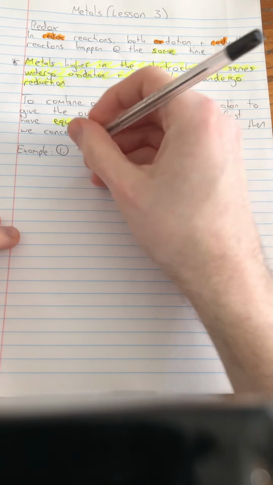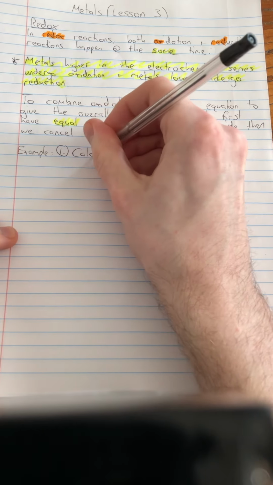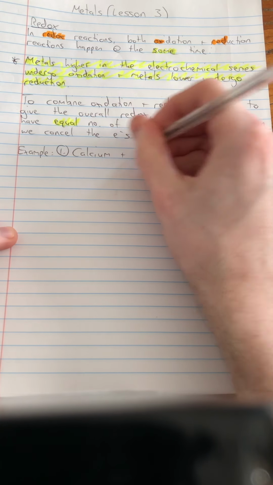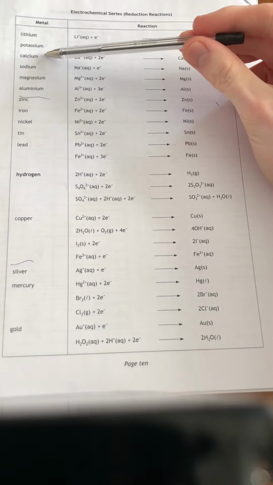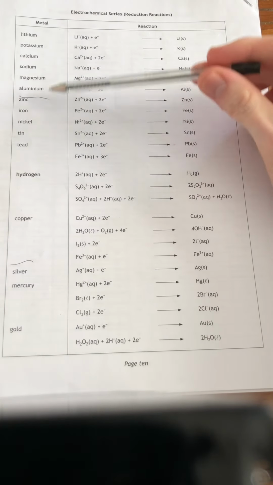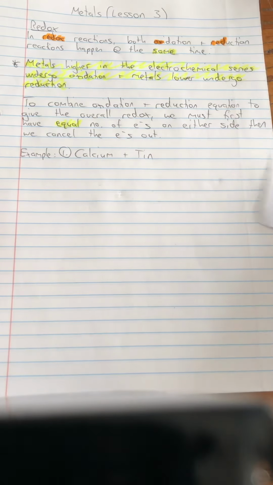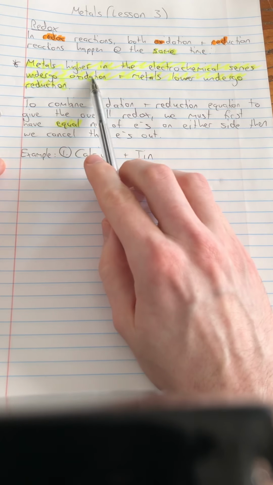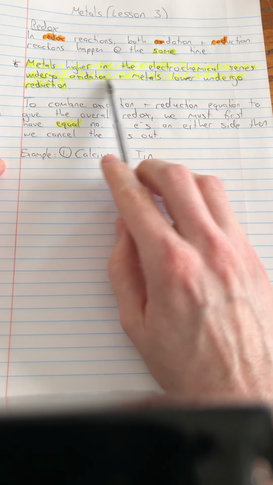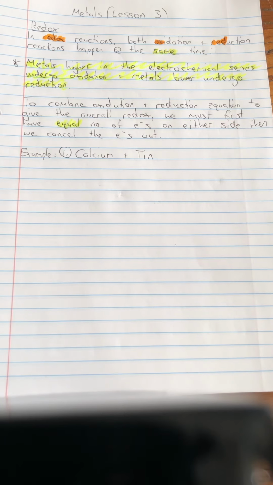So number 1, let's look at calcium and tin. If we take calcium and tin, let me get my data book, we'll see that calcium is up here, tin is down there. Because calcium's higher, that means it undergoes oxidation, and because tin's lower, it undergoes reduction.